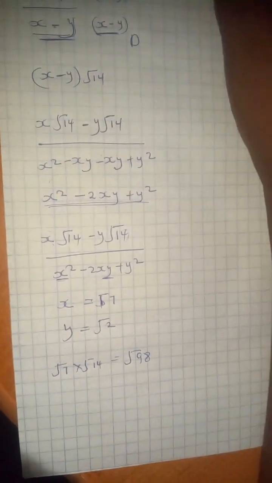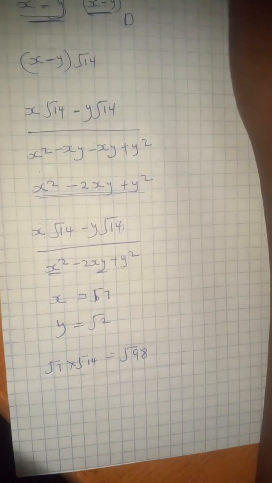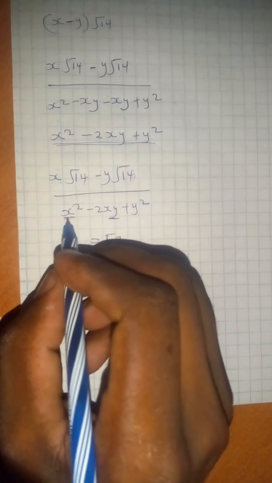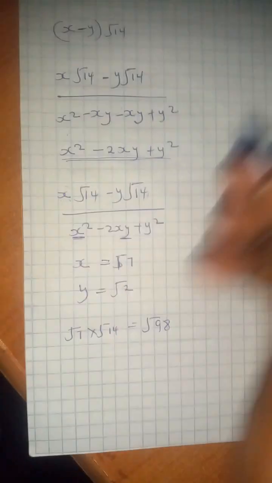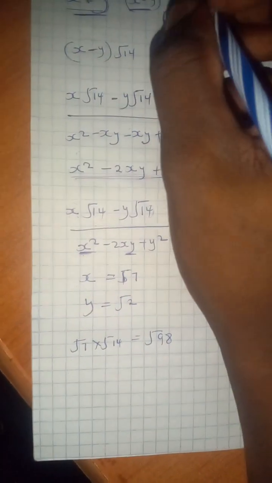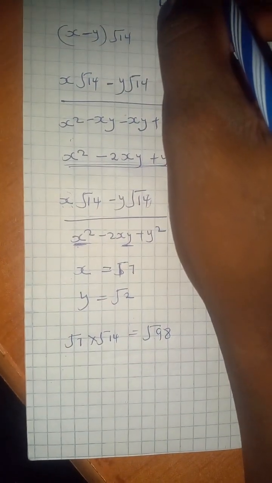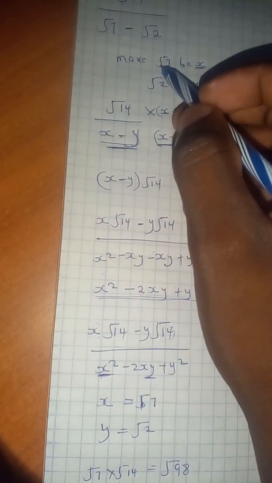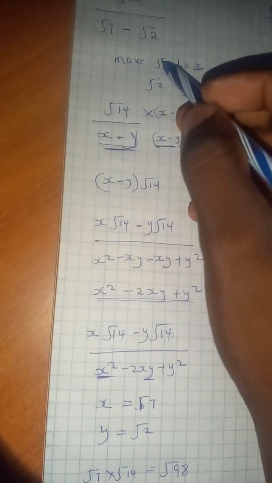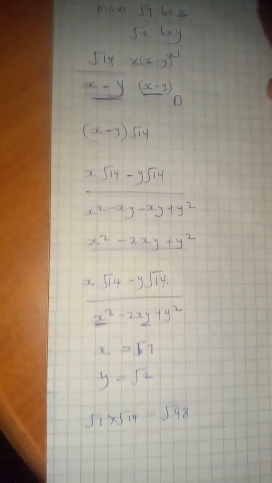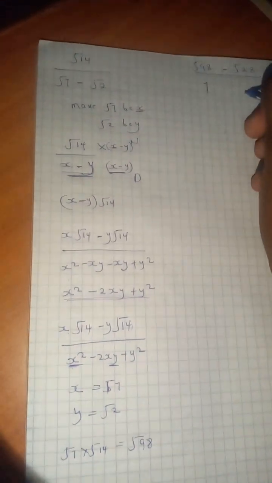Then divide by x squared. x squared is root of 7 squared. The square and the square root cancel each other, so it will be 7.